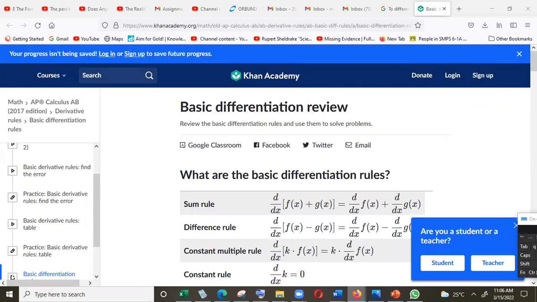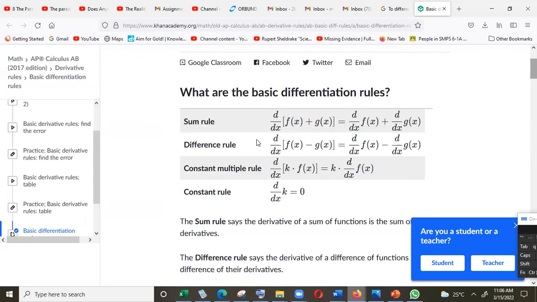Okay, here it is. So the sum of the differentials is the differential of the sum. If you want to differentiate a sum function, when you're looking at a function, anywhere x is can be considered a mini function in that function.